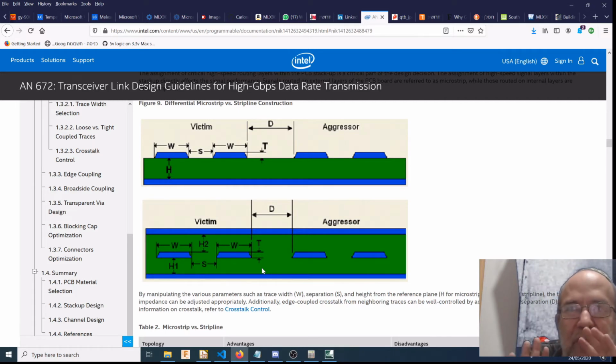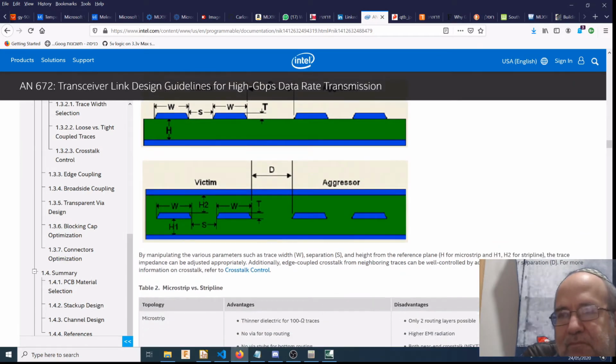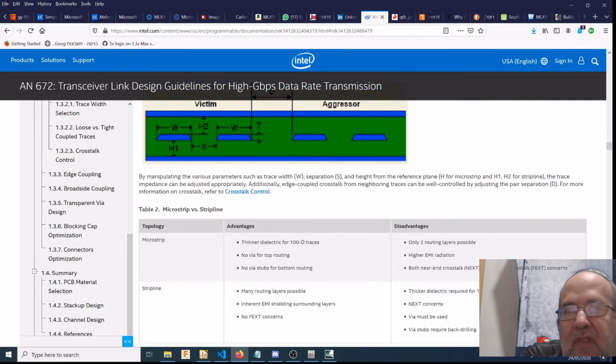This is more two differential lines. This is a differential pair, this is a differential pair. This is the aggressor, this is the victim.